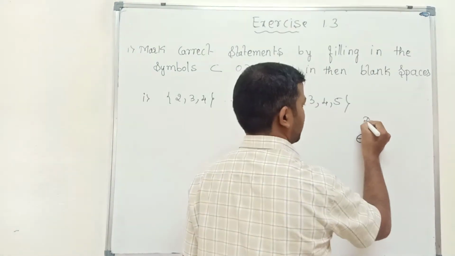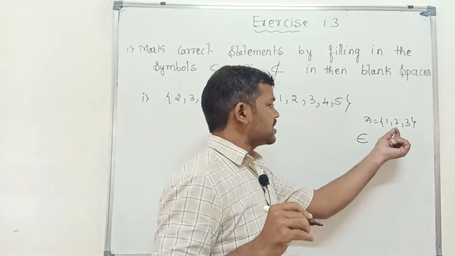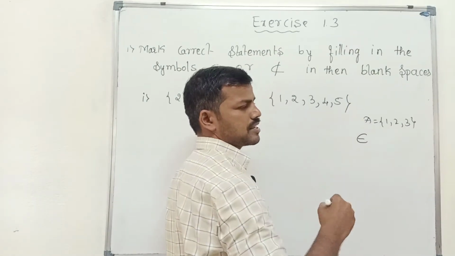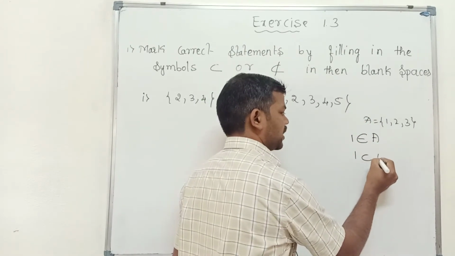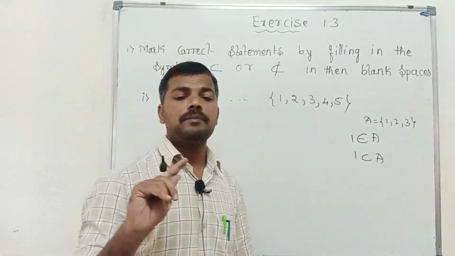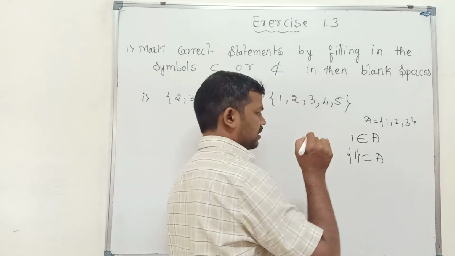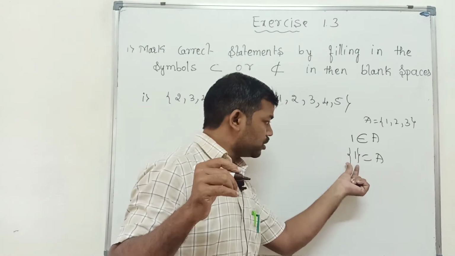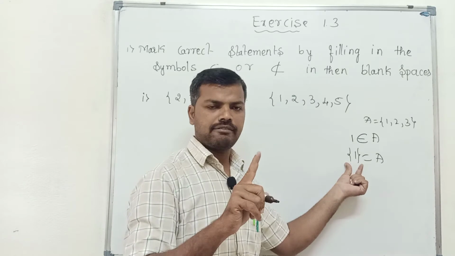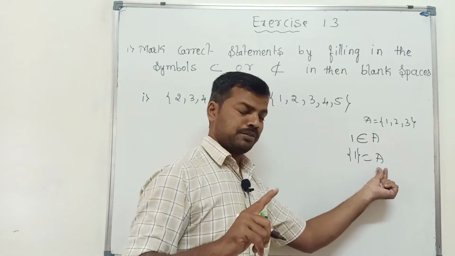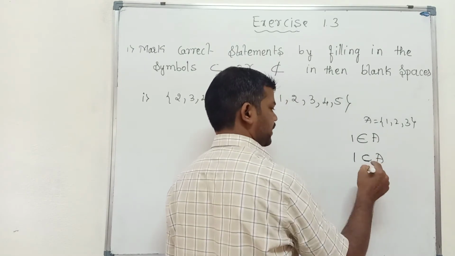If A is a set with 1, 2, 3, and we want to state that 1 is an element of A, at that time we use this symbol: 1 belongs to A. We cannot say 1 is a subset of A. A single element never becomes a subset. But if we form a single set, now it becomes a set, not an element. The set which contains one element, that is a subset. But if we state that 1 is a subset, it is wrong.